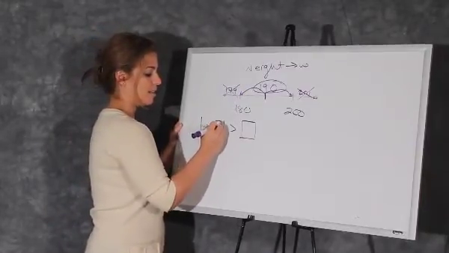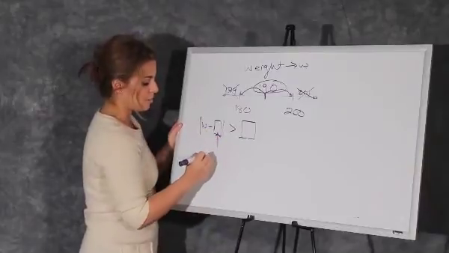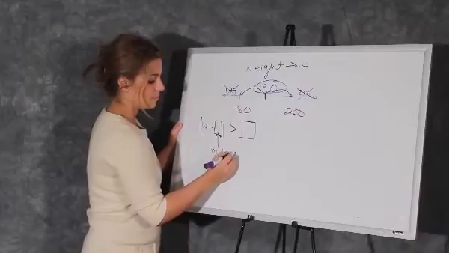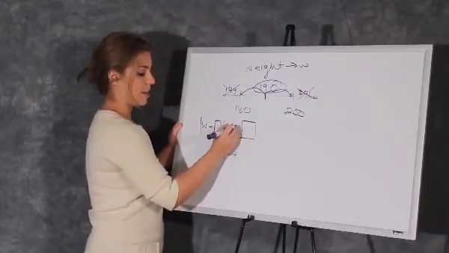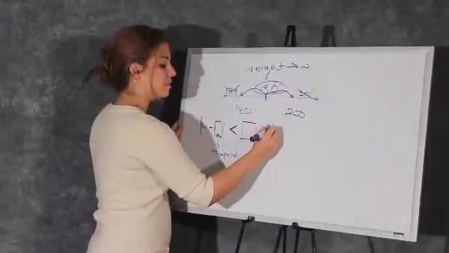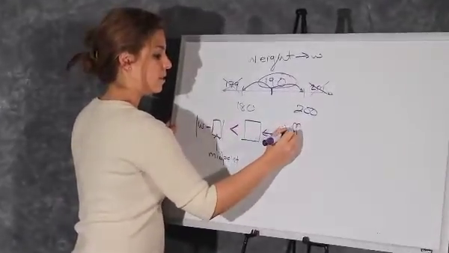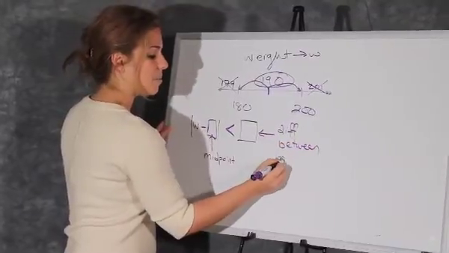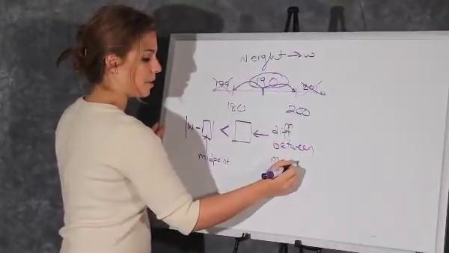minus this number here represents the midpoint. And sorry, it has to be less than the difference between the maximum and the midpoint.